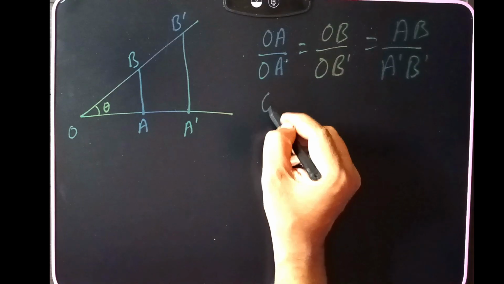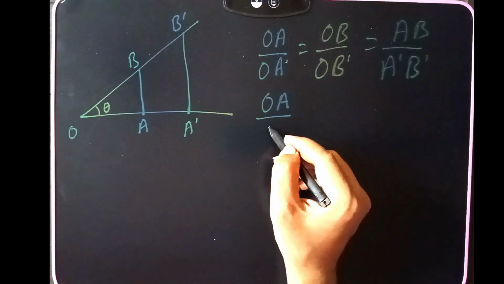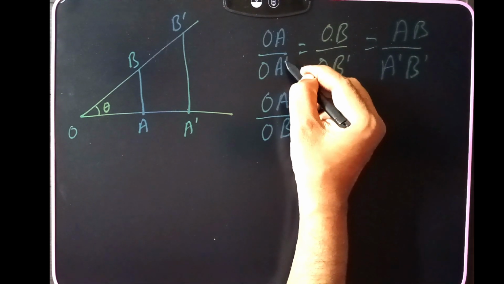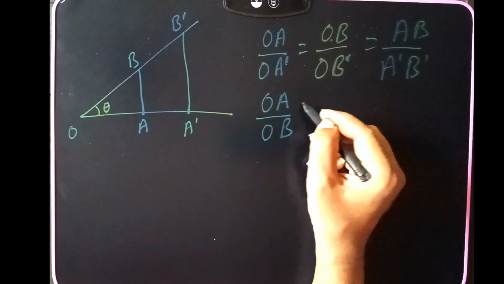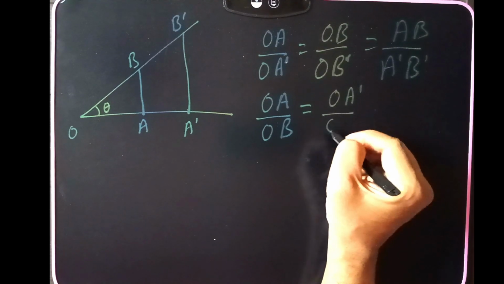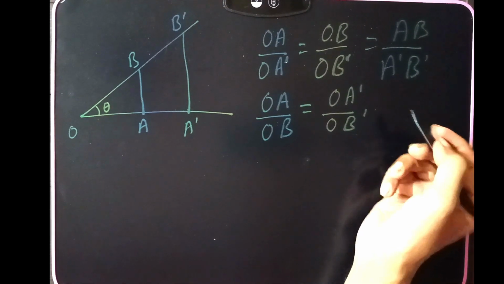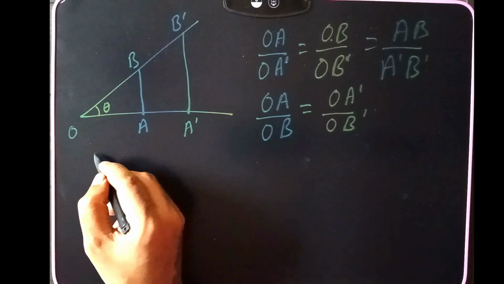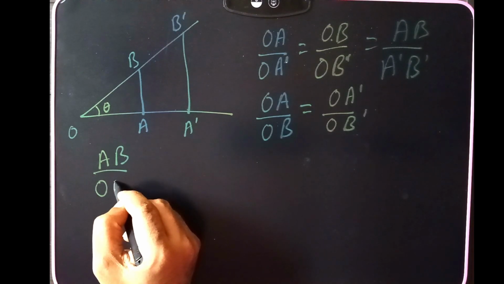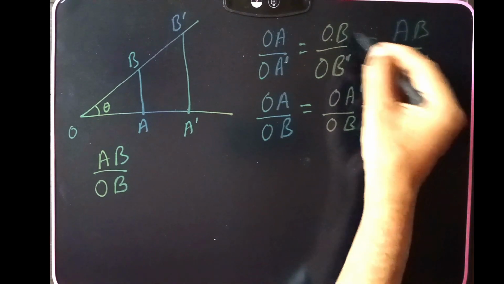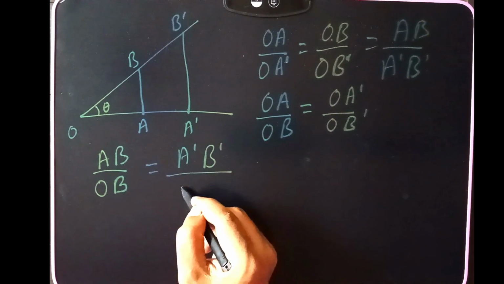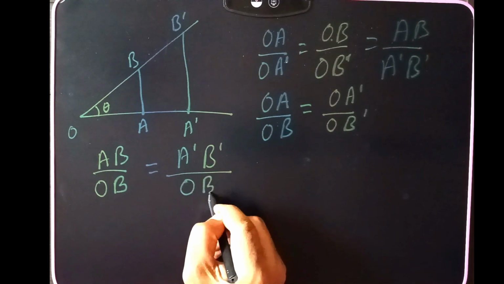So now we can say that OA divided by OB becomes equal to OA dash divided by OB dash. And we can also say that AB by OB is equal to A dash B dash divided by OB dash.